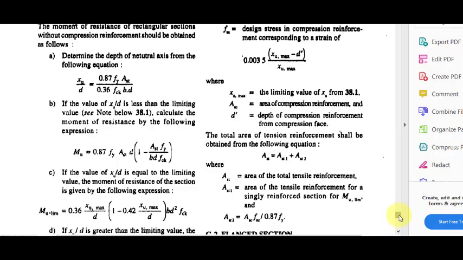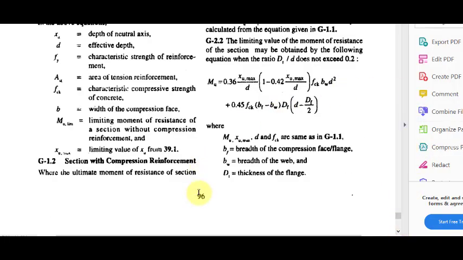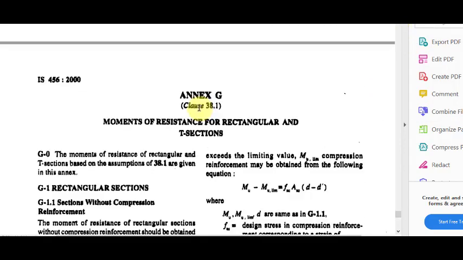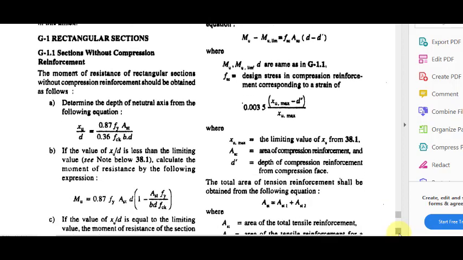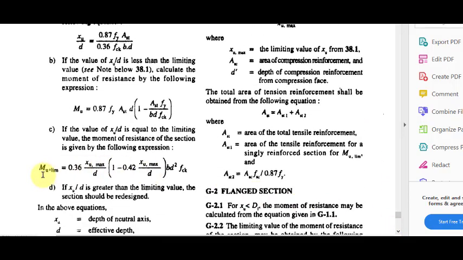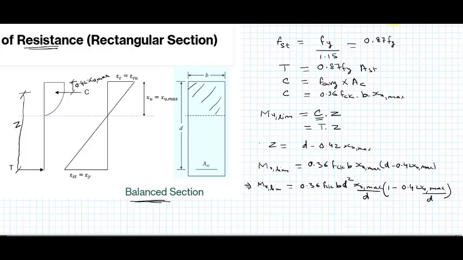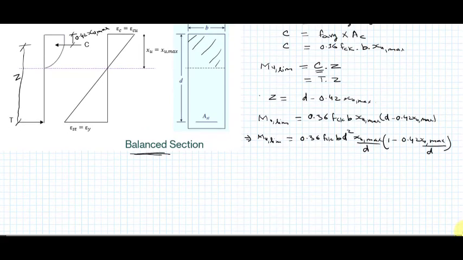Also, if you come to page number 96, which is Annexure G, it gives you the formula for moment of resistance for a rectangular section also. So here also you can see the formula for Mu lim. So this formula we have derived.